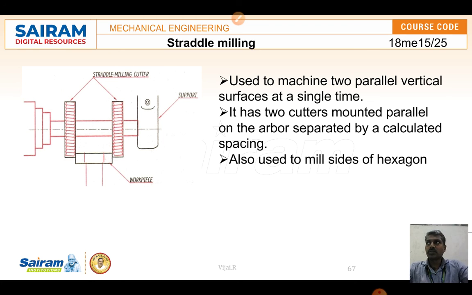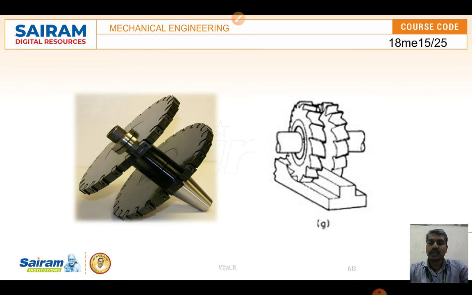In a workpiece, when both the sides, both the edges are to be machined, it can be machined by using vertical milling cutters with a spacer. So the spacer is used for keeping the cutters at a distance.